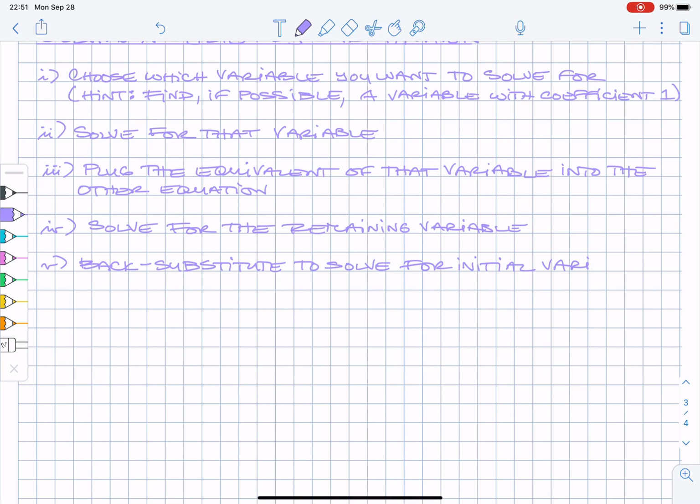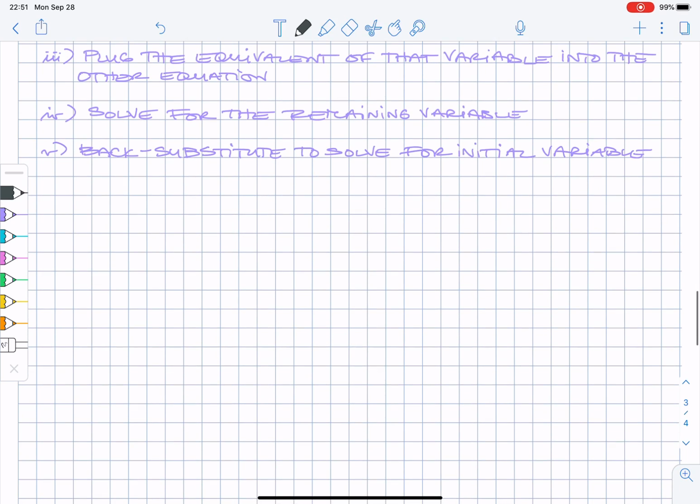Like I said, this is not my favorite method, but we won't get to the really good stuff until the end of this chapter. So for example, use substitution to solve the following systems.